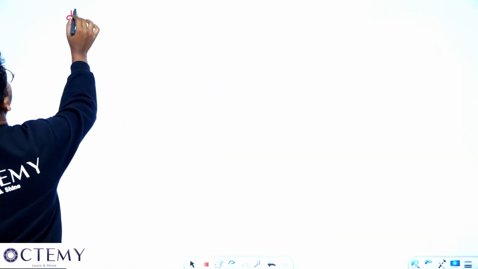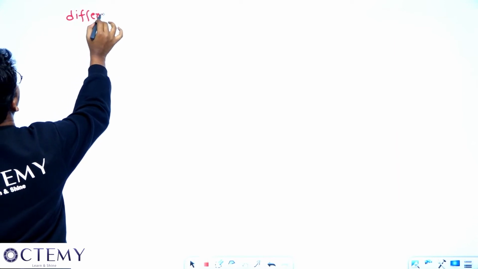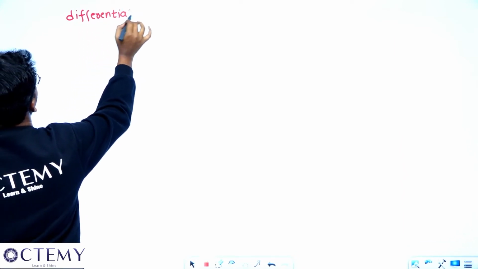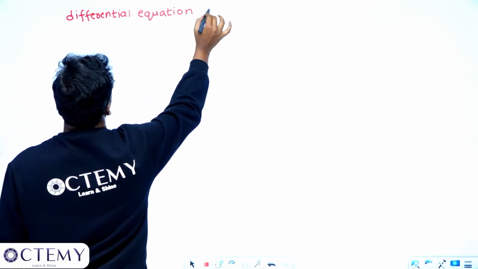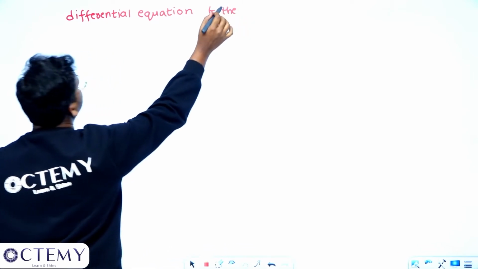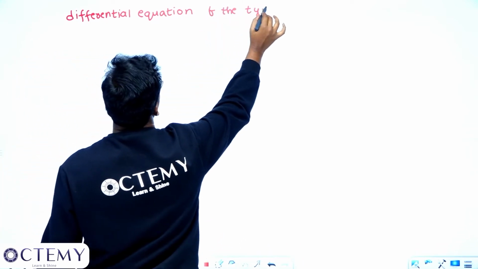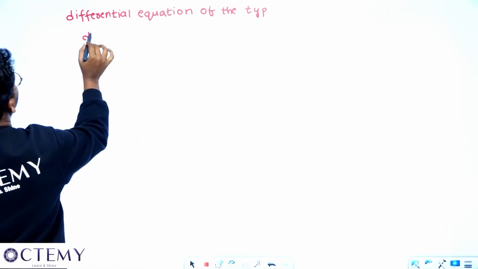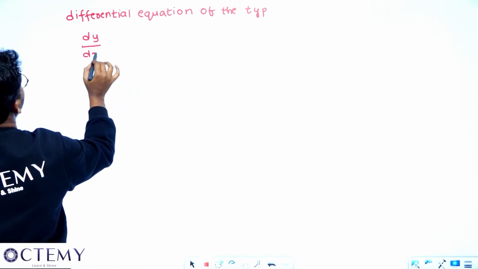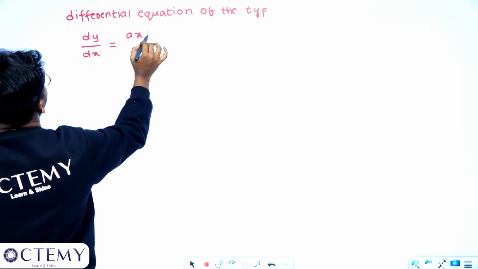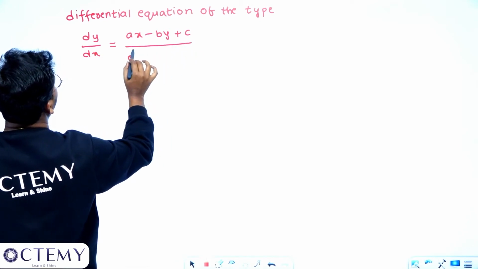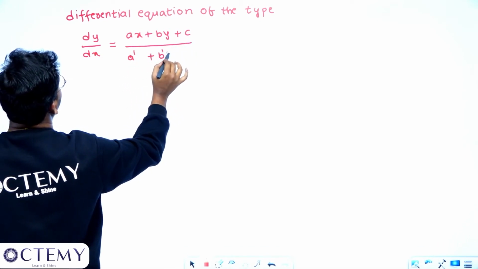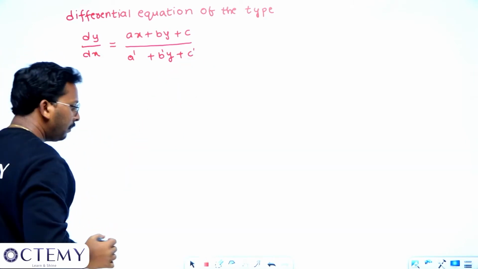Differential equations of the type dy by dx is equal to ax plus by plus c divided by a dash x plus b dash y plus c dash can be solved.